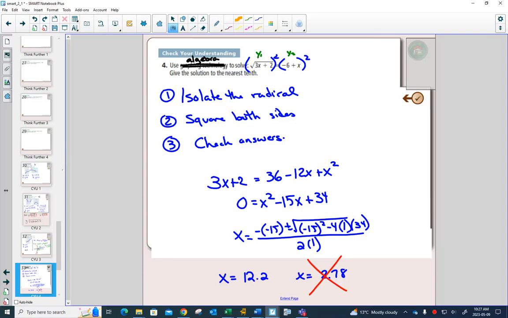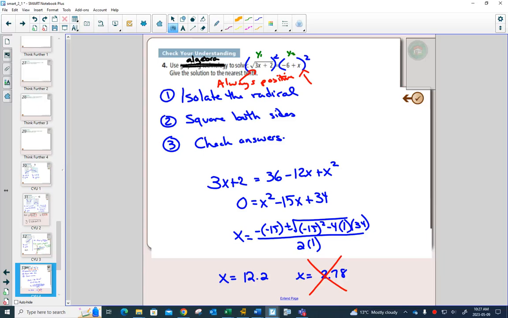However, if I plug the 2.78 into the right-hand side, I am going to get a negative number on that side. And if the square root is always positive, so this side is always positive, and the other side is going to be negative, that's how I know I can cancel out 2.78 as a root that doesn't work.